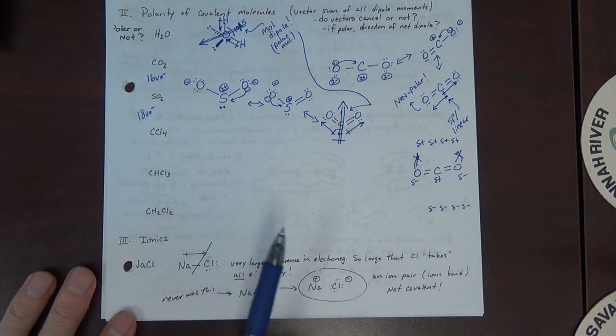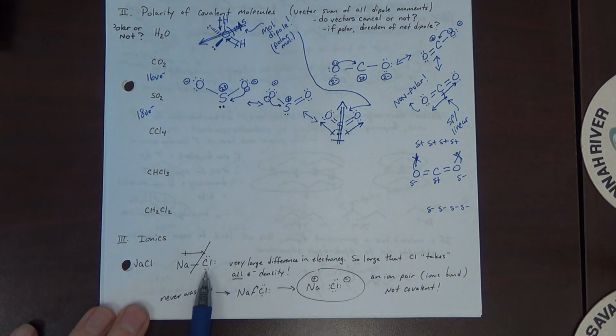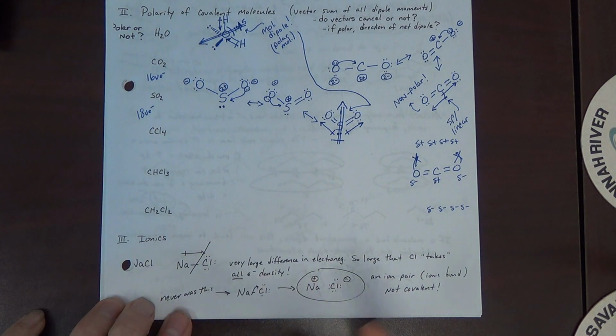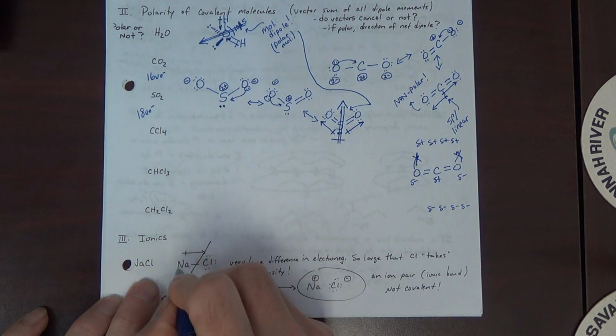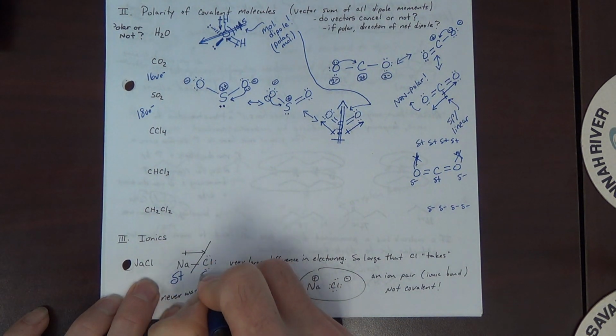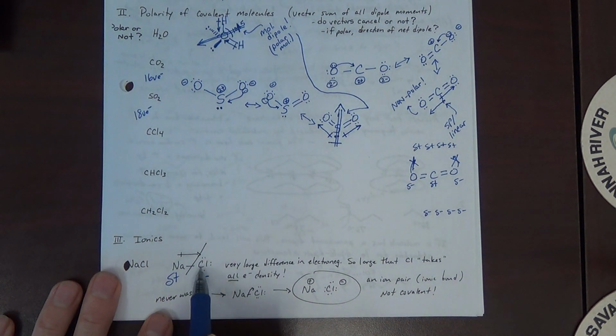Now the extreme polarity is ionics. If we consider something like sodium chloride, which is not covalent, but if it was, there's such a huge difference between the chlorine and the sodium. Far right of the periodic table, far left. Huge. But it's actually such a difference that the chlorine just takes these electrons and strips them away.